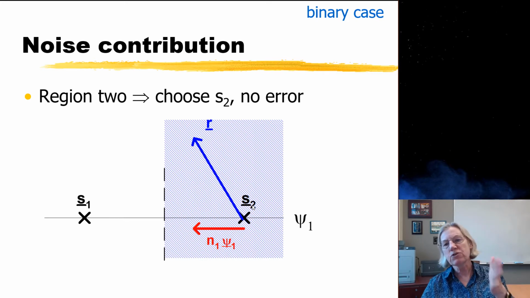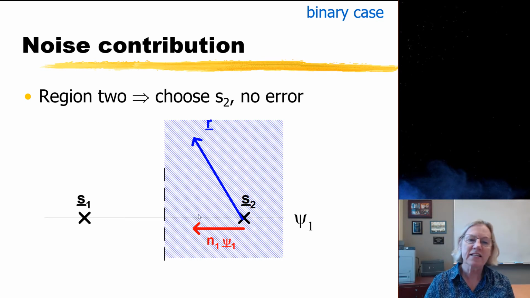Well, it's because if I do a projection of that received vector and I find out what the noise contribution was, the noise contribution here would be the projection of this along this line connecting the two symbols that I'm deciding between. And here, say it's lying along the basis vector, just for convenience. But essentially there's going to be a noise component to this blue vector, which I've written in red, which offset the black vector, which should have been S2 if there was no noise.